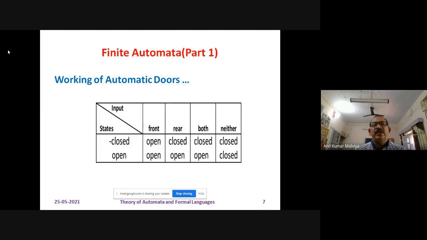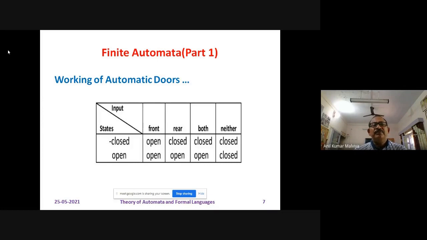Here you can see we can design the automatic door with the help of 5 things. First is a set of states. Next is a finite set of inputs, in this case front, rear, both, and neither.